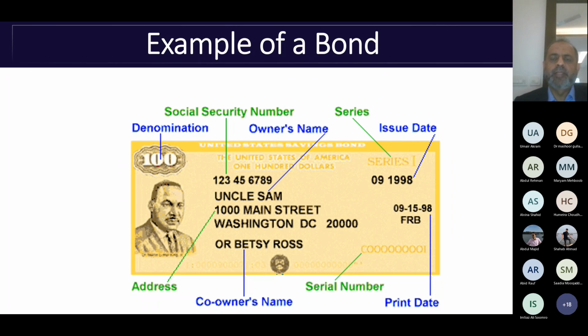If the government needs money to spend on a project, like building a dam or a motorway, they want the public to invest in those projects. So they will issue a 5 year bond and a 10 year bond. In Pakistan, there used to be a prize bond, and still today, where instead of giving interest every 6 months or a year, they announce prizes.